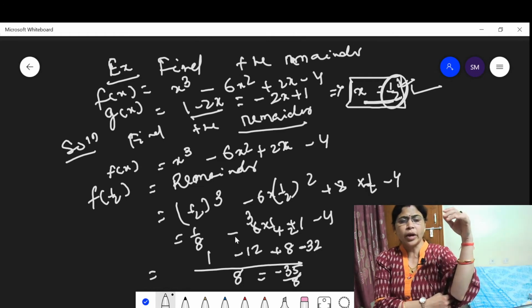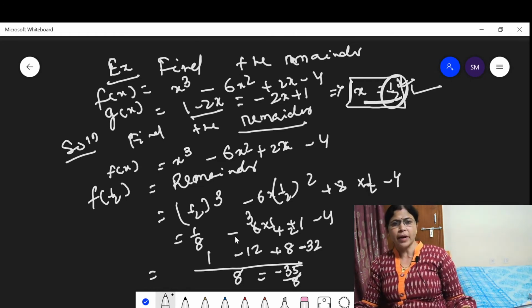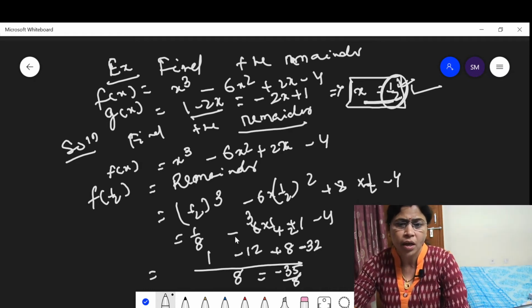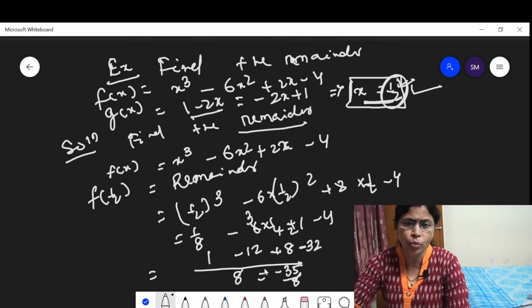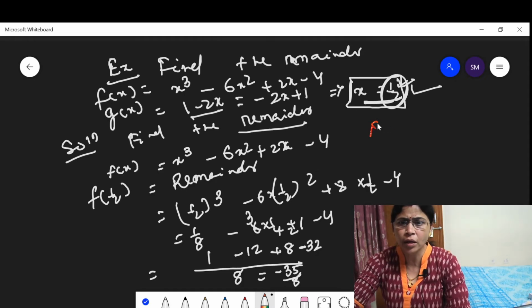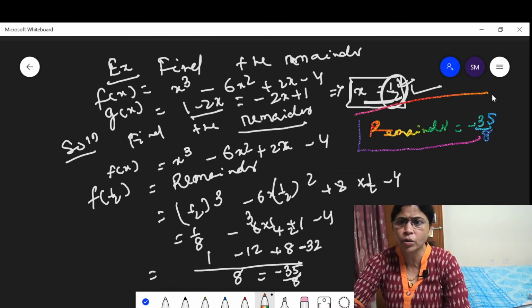When the polynomial f(x) is divided by g(x), we get the remainder minus 35 upon 8. This is the answer of the given question.